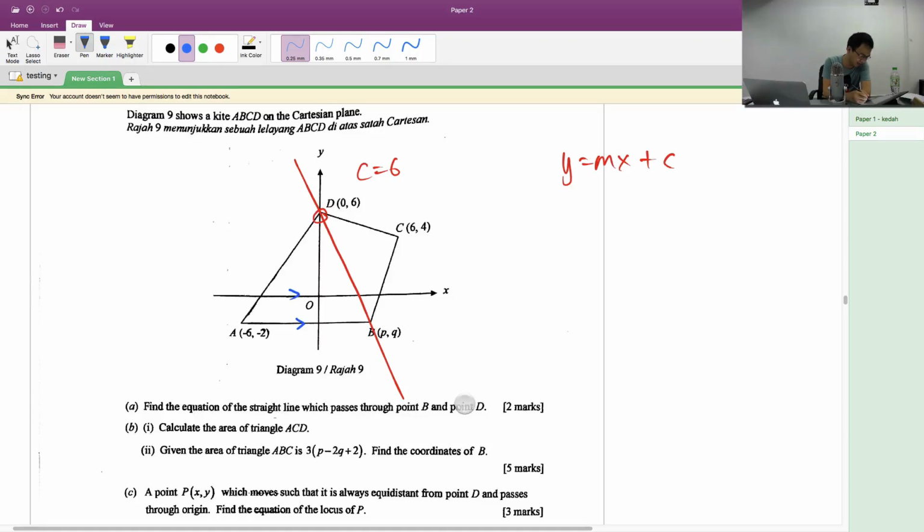Assume they are parallel, that means the y is the same. So can we leave our answer in P and Q? I don't know. So let's say this is P and -2. Still doesn't help at all. Find the area of ABC. And then given that the area of ABC is this one, find the coordinate of B. No, we should find the coordinate of B last. Find the equation of the straight line passing through point B and point D.